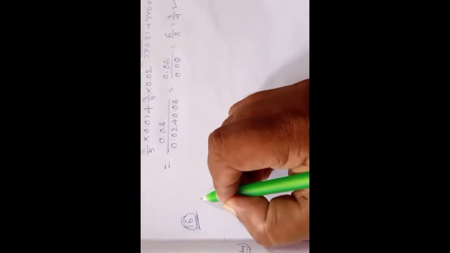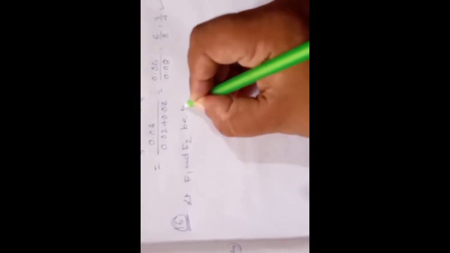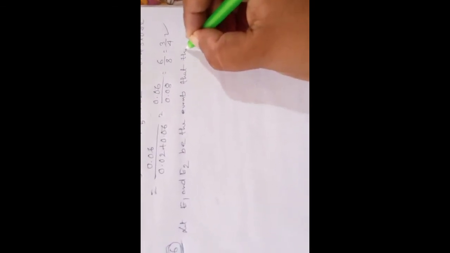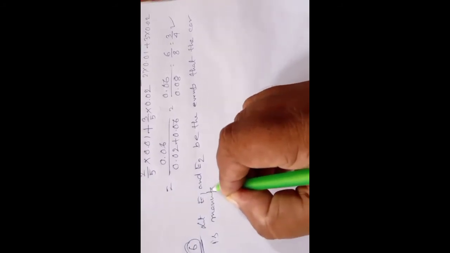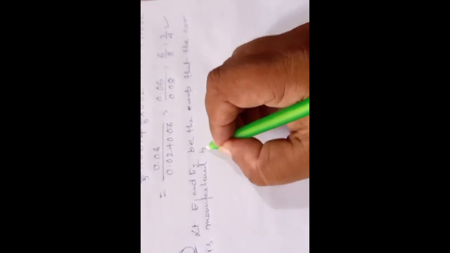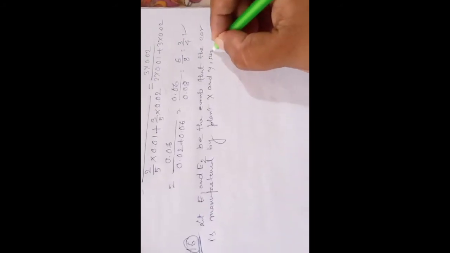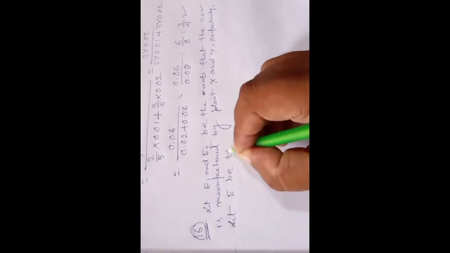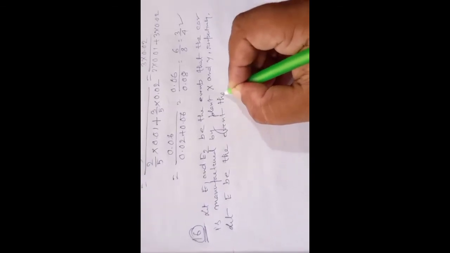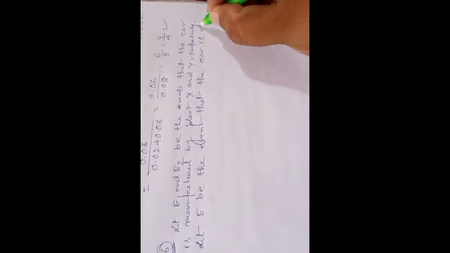Here let E1 and E2 be the events that the car is manufactured by plant X and Y respectively, and also let E be the event that the car is of standard quality.